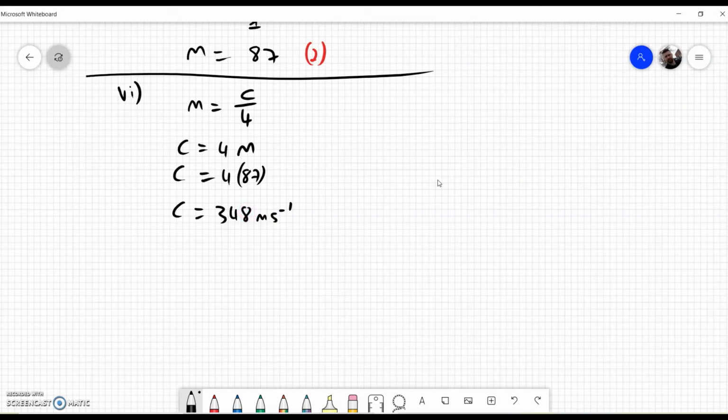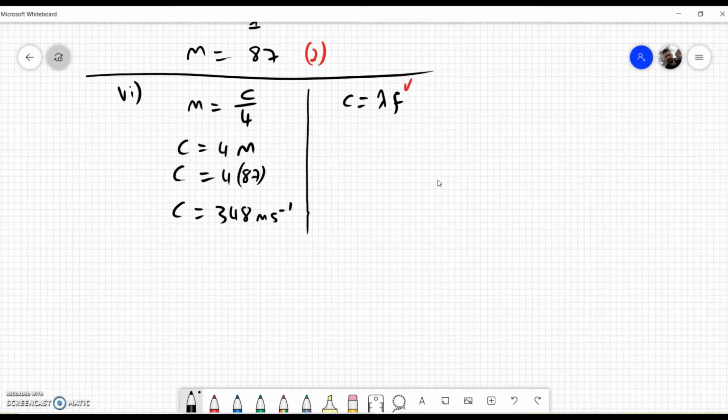Okay, and that's close enough to the 340 in the marking scheme. Another thing you could have done, if you didn't get your graph, is say that c is equal to lambda times f. So they have given us the frequency in these questions, and they've given us 1/4 of the wavelengths.